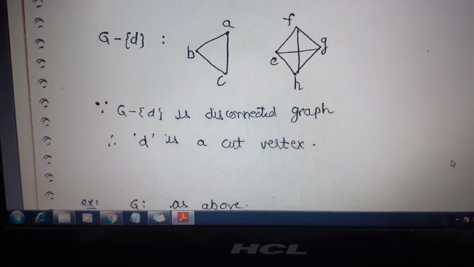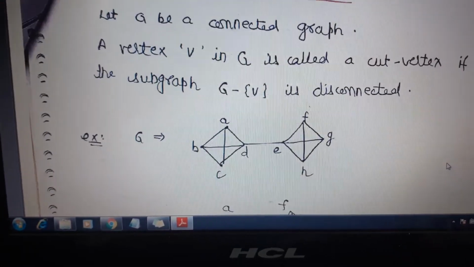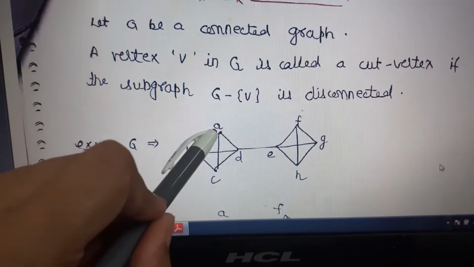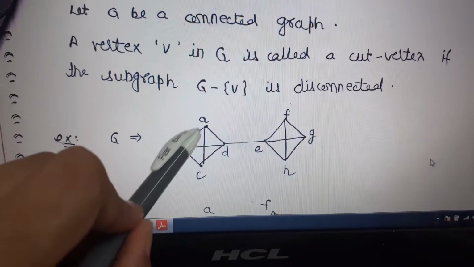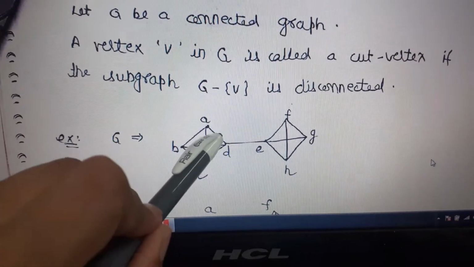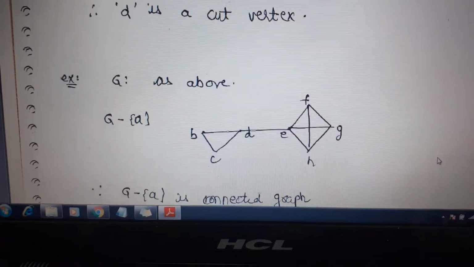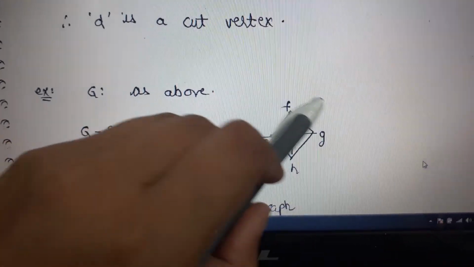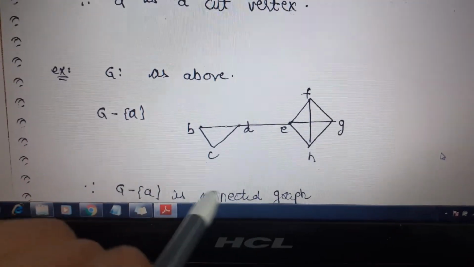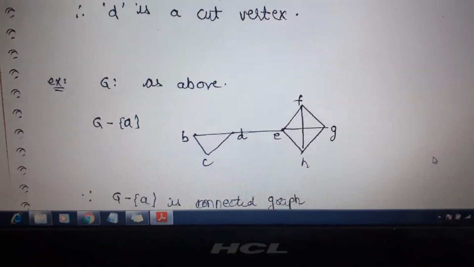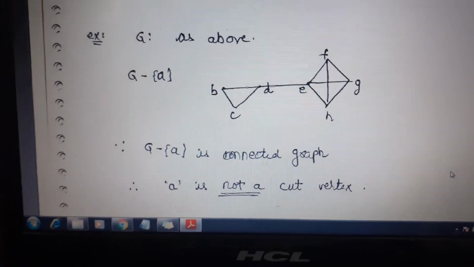Take another example. Let us remove A. Suppose I remove A from this graph. If I remove A, these three edges will be removed and the graph we will have is this one. G minus A, this is the graph we received, right? Now since this graph is connected, hence A is not a cut vertex.